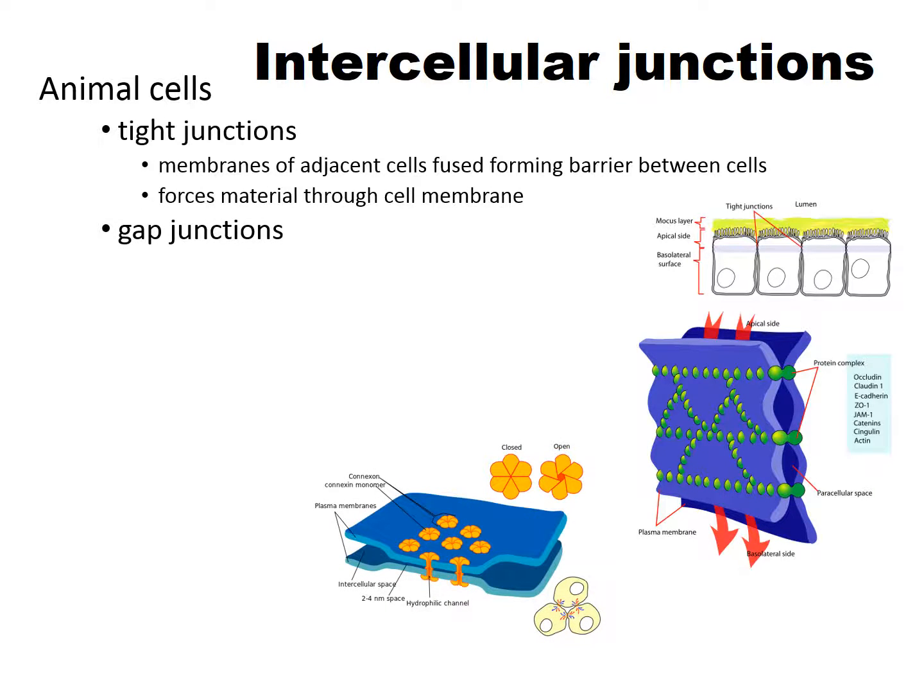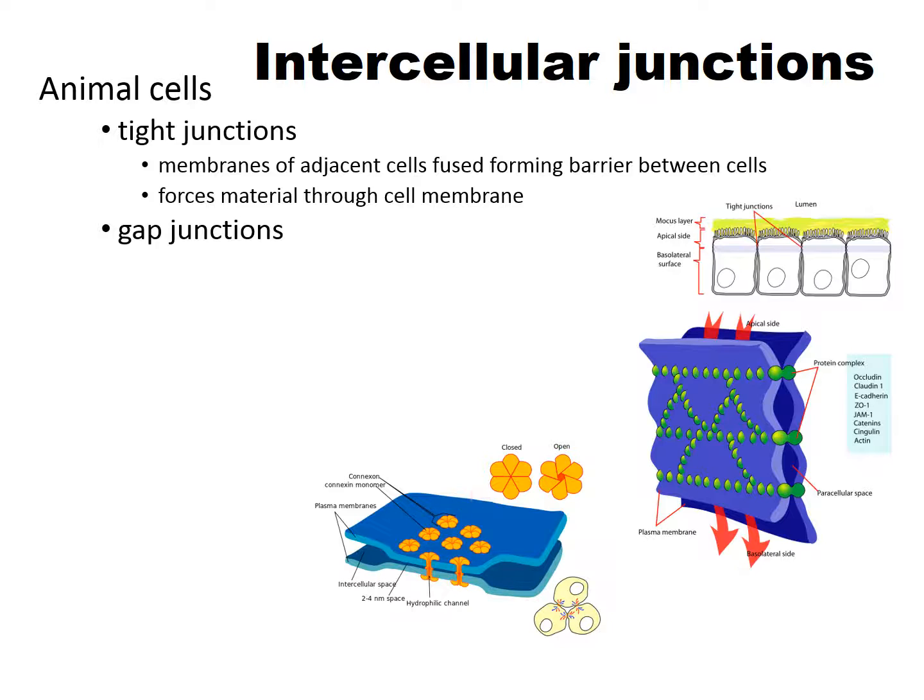Now, gap junctions, just like the plasmodesmata in plant cells, do allow for movement of material between neighboring cells.